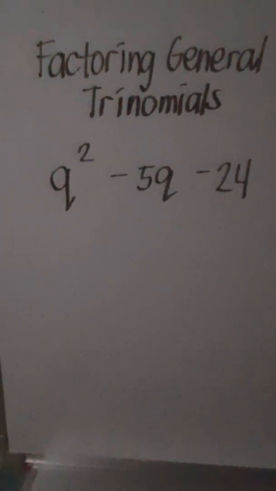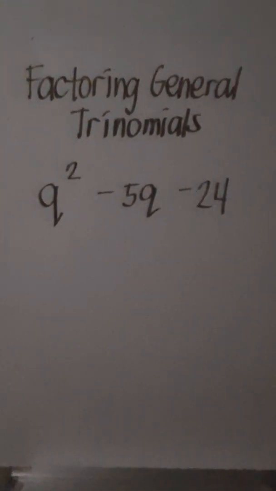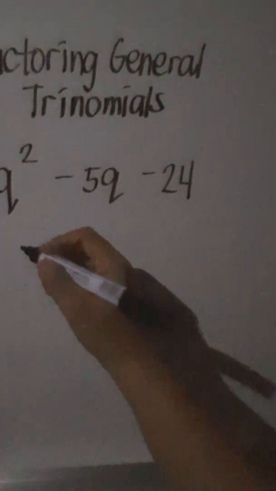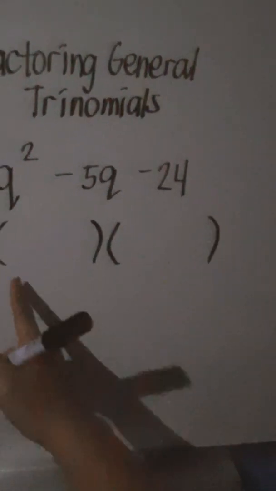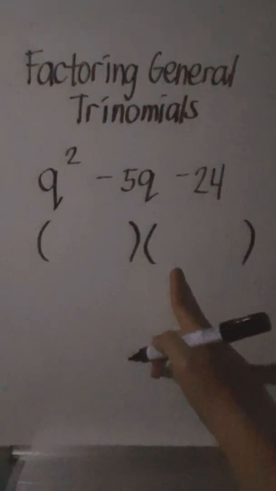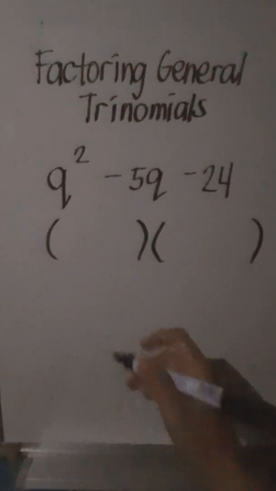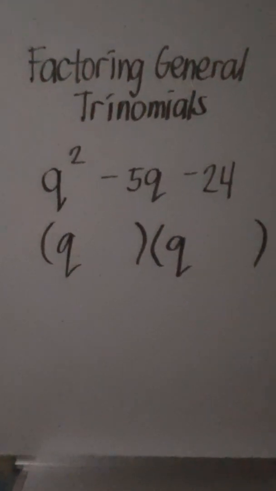Let's have another example. This time, we have q squared minus 5q minus 24. So, ato ni siyang i-try og factor. Again, what do we do? Prepare the parentheses. First factor ang naa diri, second factor atong isu diri. Okay, what are the factors of q squared? Obviously, it is q times q.